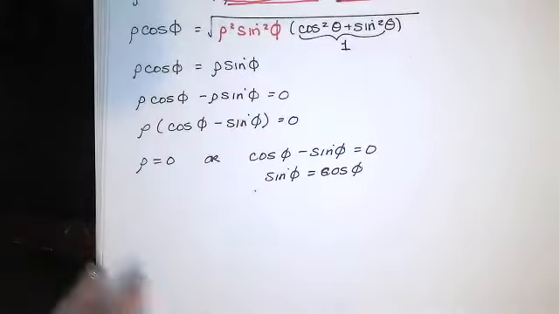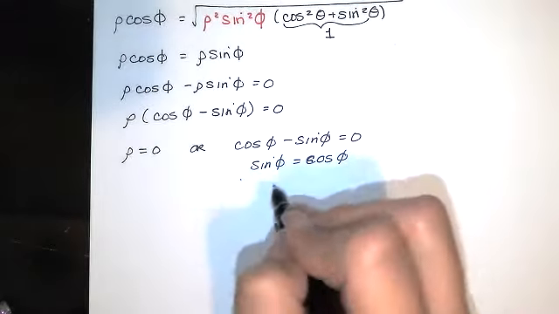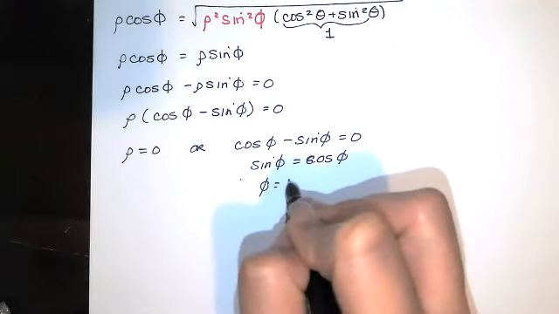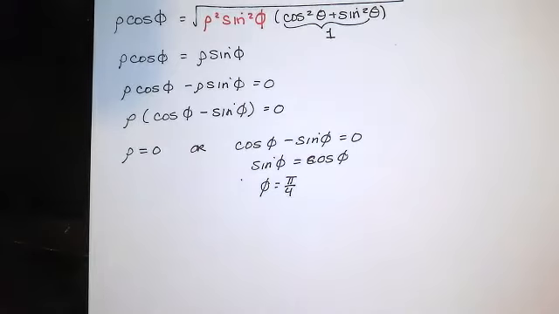Now you know from trig, there's a family of angles where the sine and cosine are the same. That angle would have to be pi over 4 plus as many multiples of 2 pi as you want in either direction. But phi is always between 0 and pi, so that's the one we're looking for.